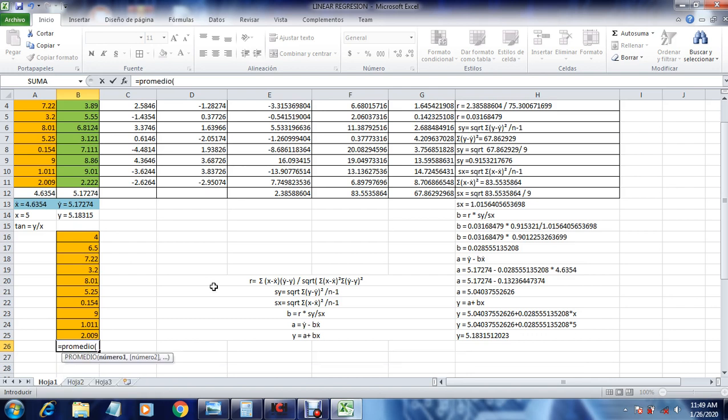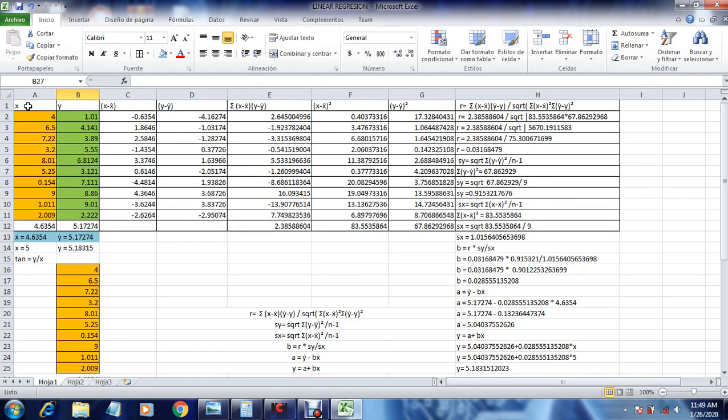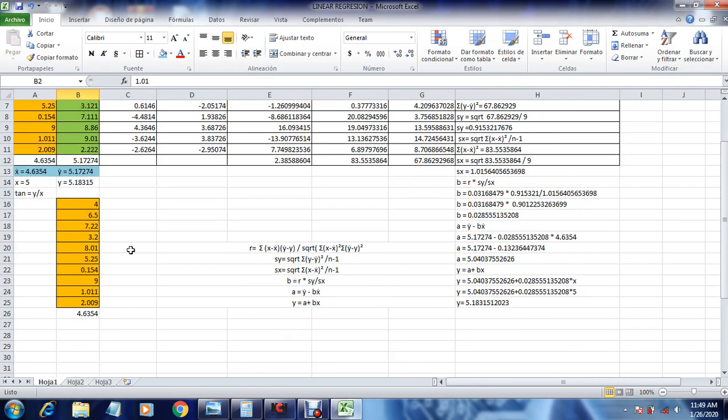And then we select from our first to the last number. Input and enter. This is the average for our x value, and the same procedure for y.